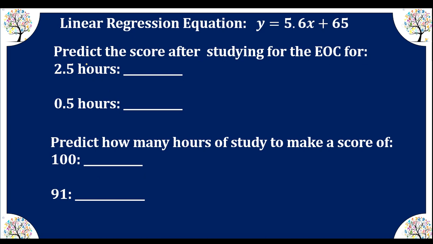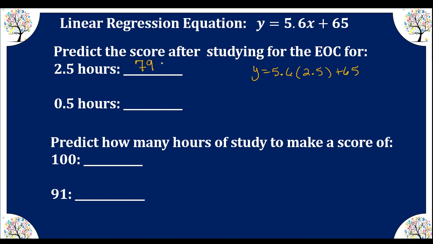So let's make some predictions. Here's our equation, our linear regression model, and we're going to plug in hours. If we study 2.5 hours, what would we make? I'm just going to use my calculator. 5.6 times 2.5 hours plus the original 65 gives me 79.